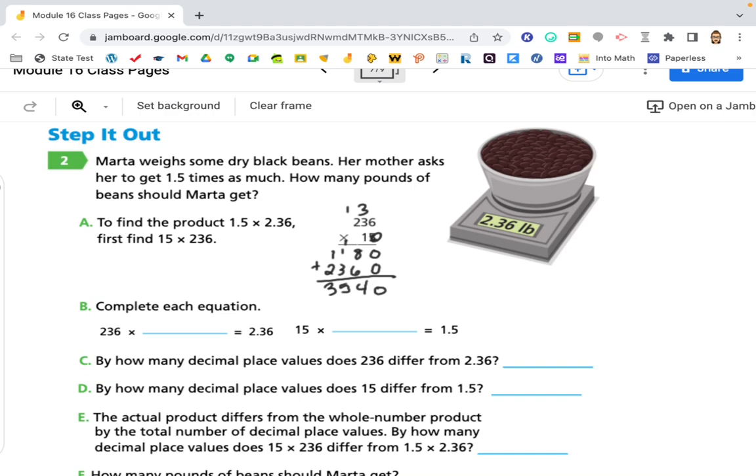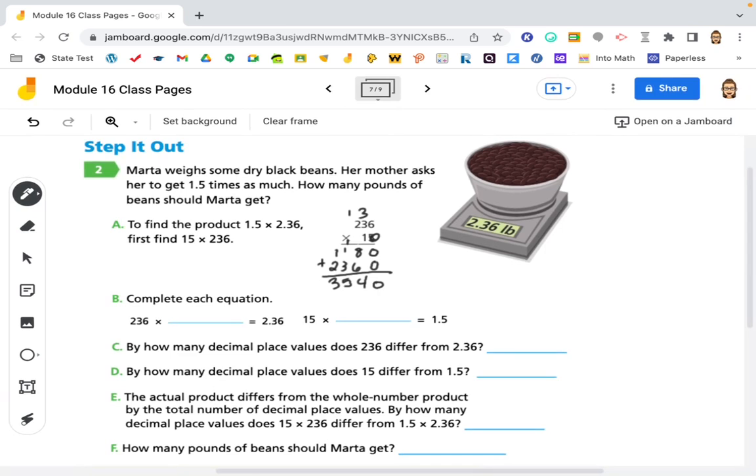So then it says, complete each equation. So 236, we would multiply by 1/100th to get the 2 and 36 hundredths. And 15 times 1/10 will give me the 1 and 5/10. So by how many decimal places does 236 differ from 2 and 36 hundredths?